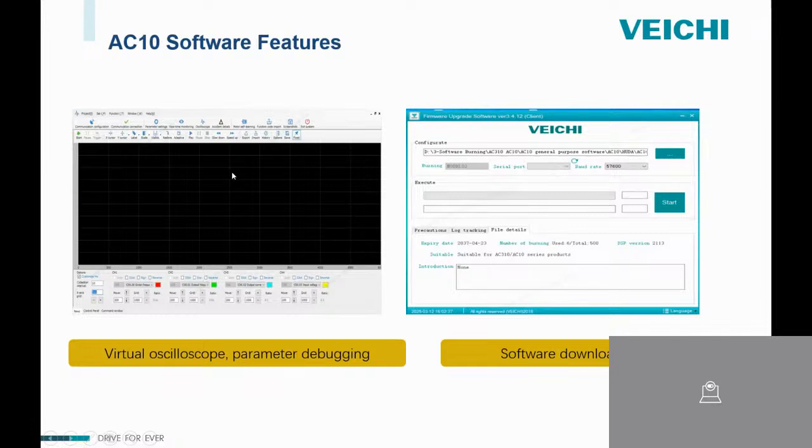Using this oscilloscope, you can monitor the parameters in real time. At the same time, you can monitor four groups of parameters. And also we have our firmware software. Using this software, you can download the software. You can upload the software.